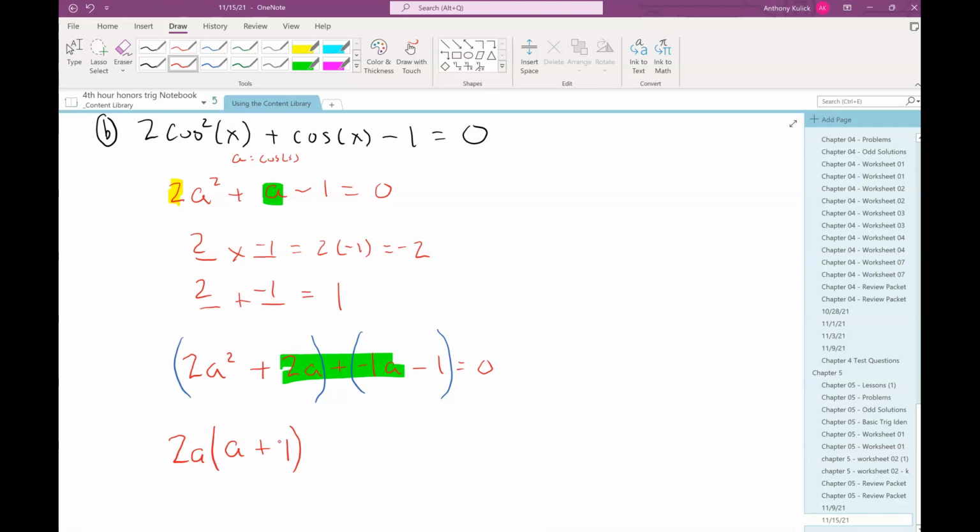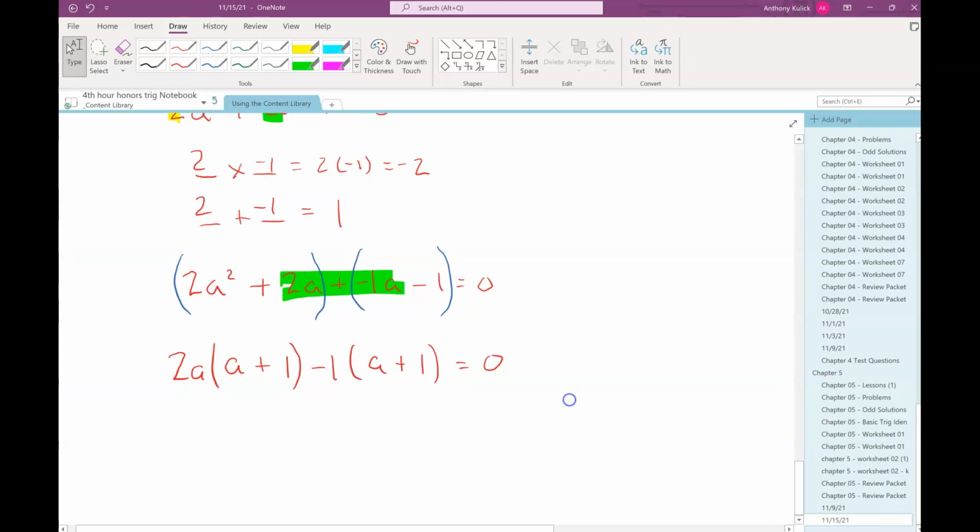Everybody's okay? If I look at the second group, what's the greatest common factor there? -1. Still doing okay? Notice now that each term has a plus 1 in common.